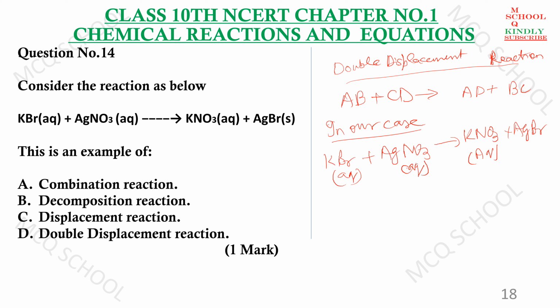Say AB plus CD combines to form AD plus BC. Similarly, in our case, potassium bromide and silver nitrate interchange their partners to form new compounds, potassium nitrate and silver bromide. Hence, the answer is double displacement reaction.